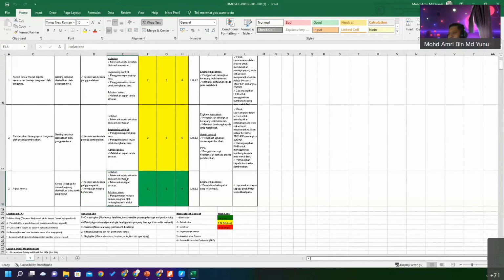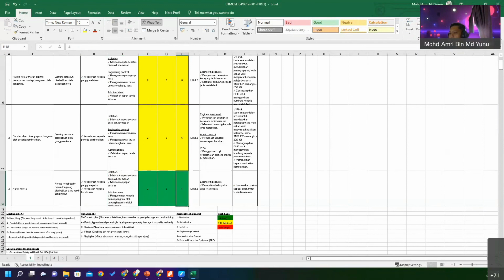So what we do, we put the warning tape and the signage, and then we announce to all the users in the social media group, like WhatsApp, to be very careful if you're using the parking place.